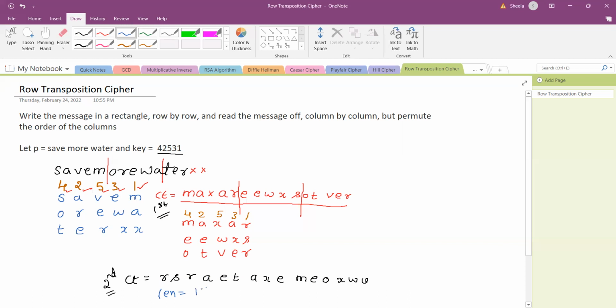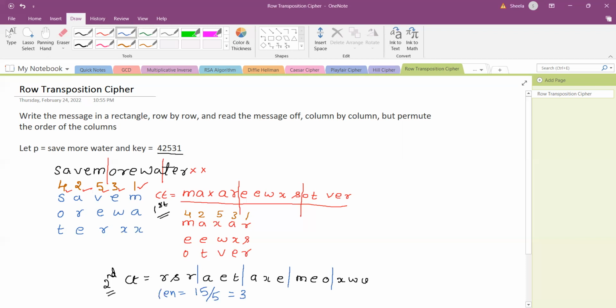So the length is 15, and the number of columns mentioned in the key is 5. So 15 divided by 5 is 3. We have to divide the message after every 3 letters.